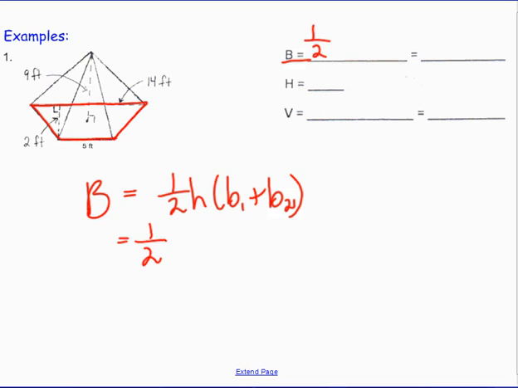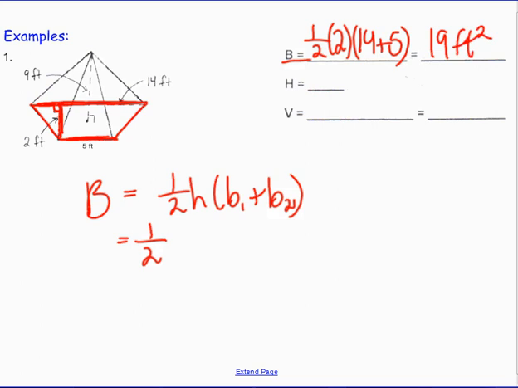Now the height of the base, not the height of the pyramid. The height of the base, if I'm just looking at the trapezoid, is 2. And then the 2 bases, the 2 parallel sides, are 14 and 5. So 14 plus 5, times 2 times 1/2, you get 19 feet squared.